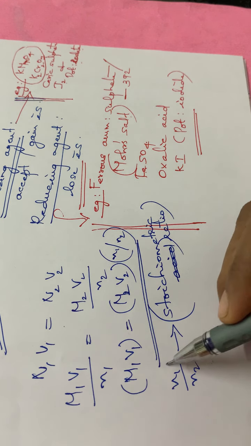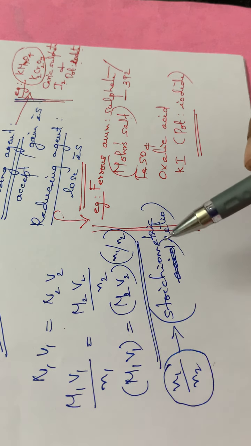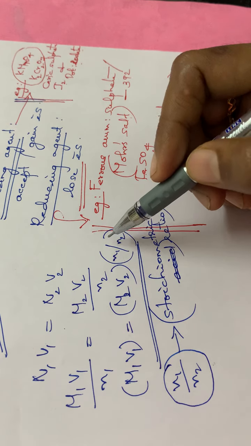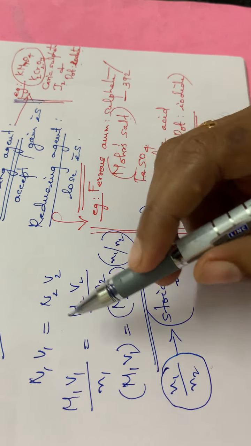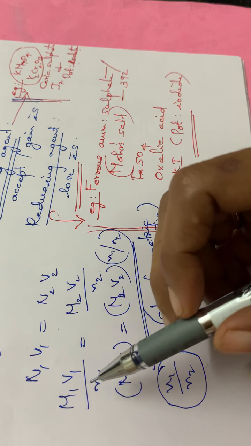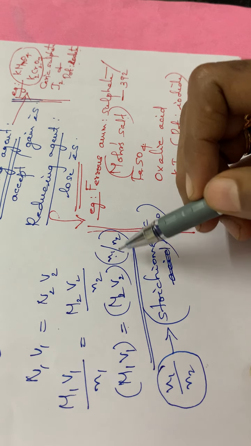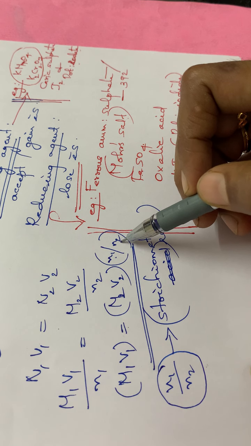So N1 by N2 is the stoichiometric ratio. Including this ratio, we calculate the reaction or the weight. So M1V1 = M2V2 × N1/N2, multiplying with the stoichiometric ratio.